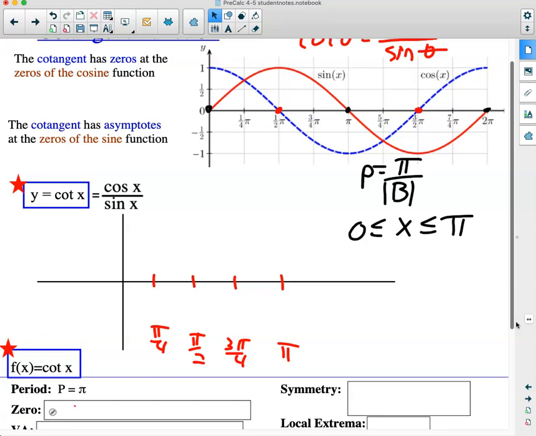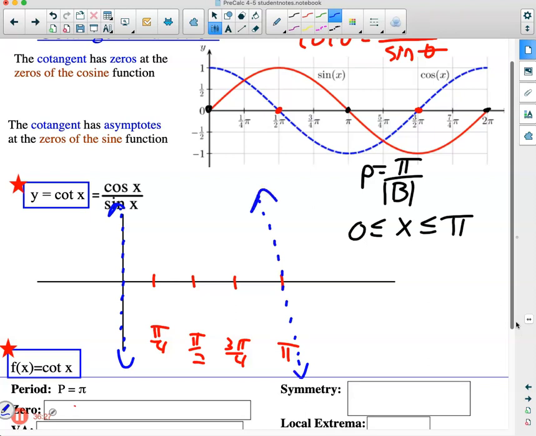My asymptotes are now going to be at 0, pi, 2 pi, etc. So I'm using a different color for that. That kind of leans. That's not good. I know that I would only want to use nice stuff.